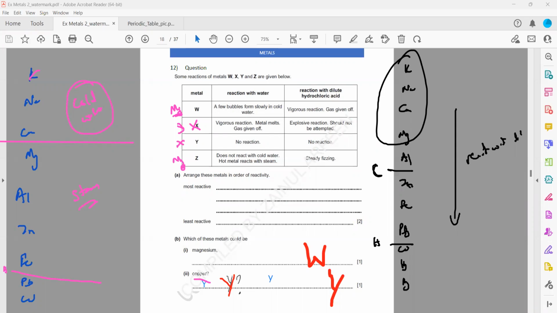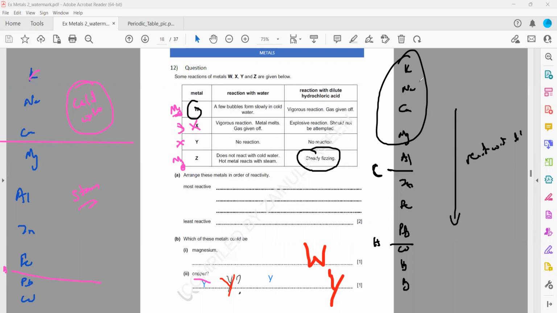So when we are finding the position here, because it is reacting with acid and the reactions are much faster, W has a vigorous reaction and a gas is given off. For Z, the gas is given off constantly, but the reaction is not fast.